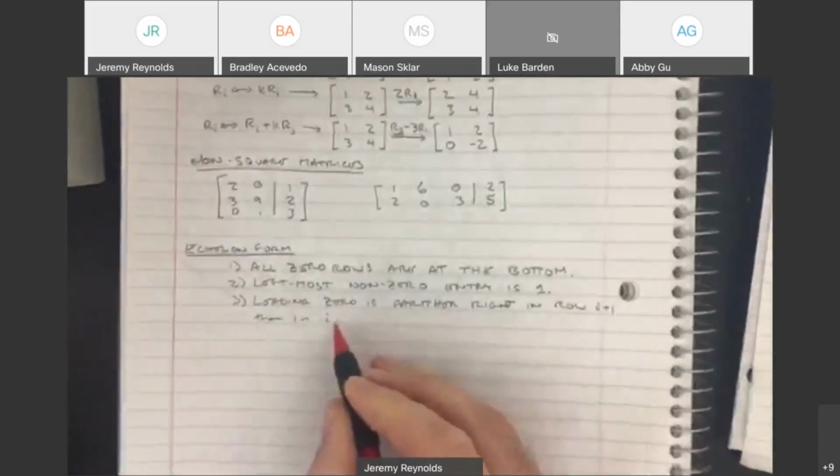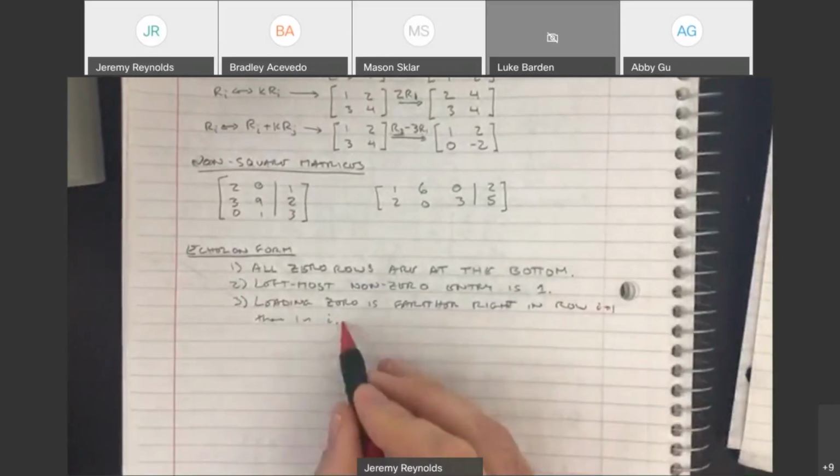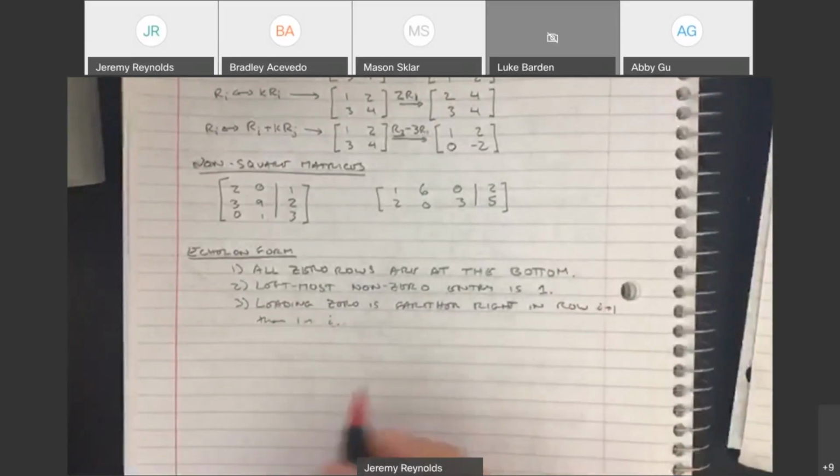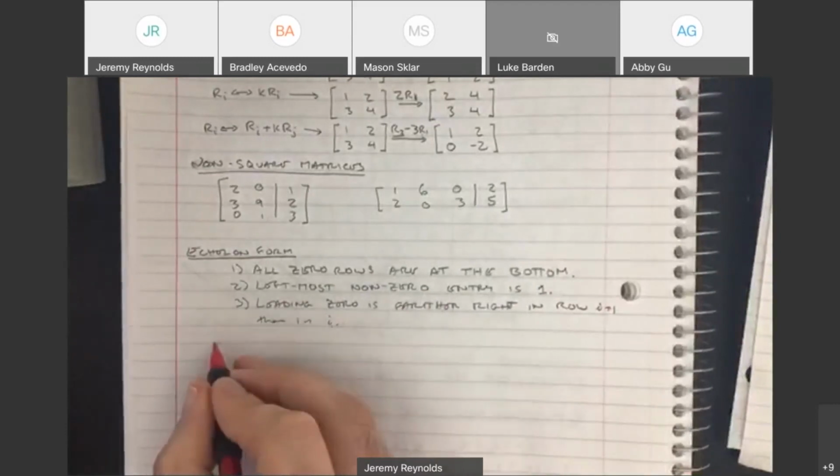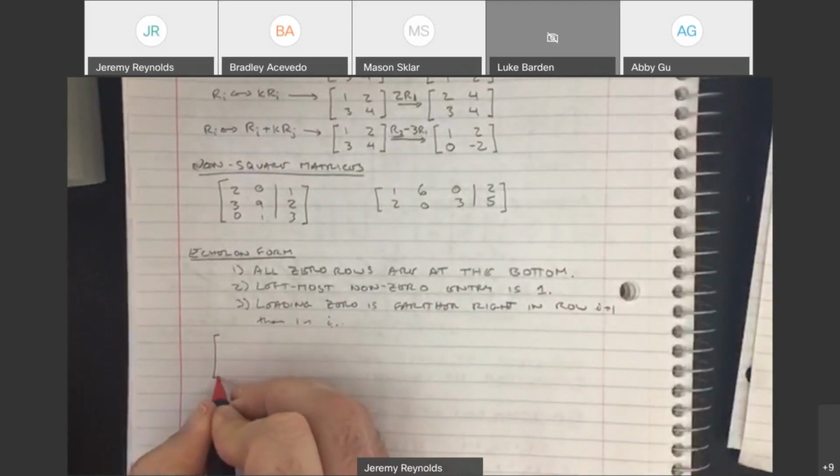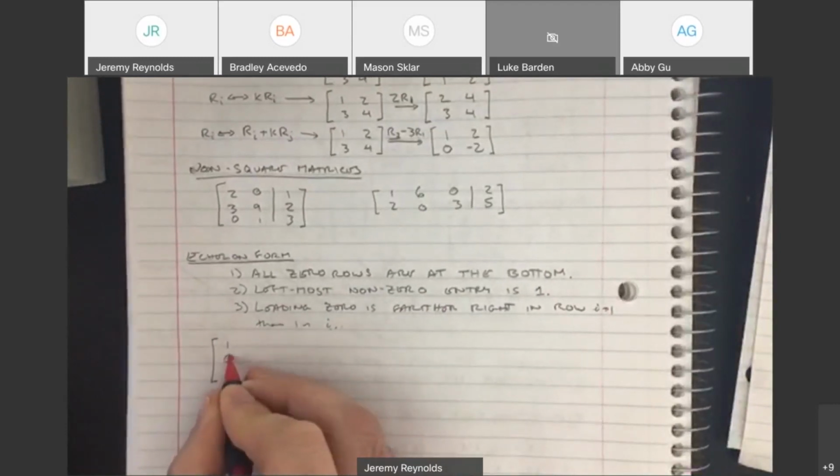So we can see it is farther right in row 2 than row 1, row 3 than row 2, etc. So what does this look like? Here are a few examples. First one.